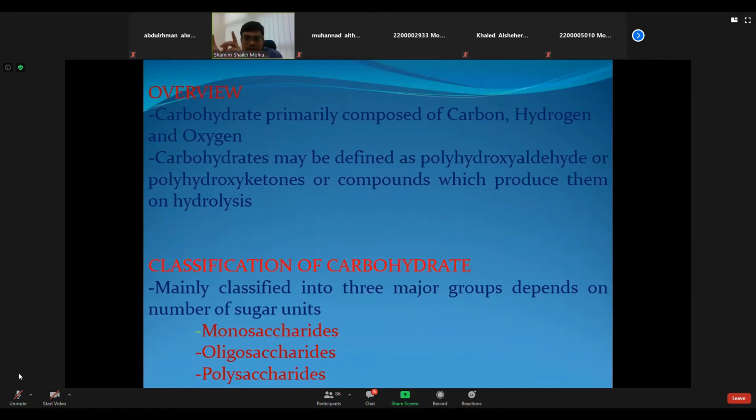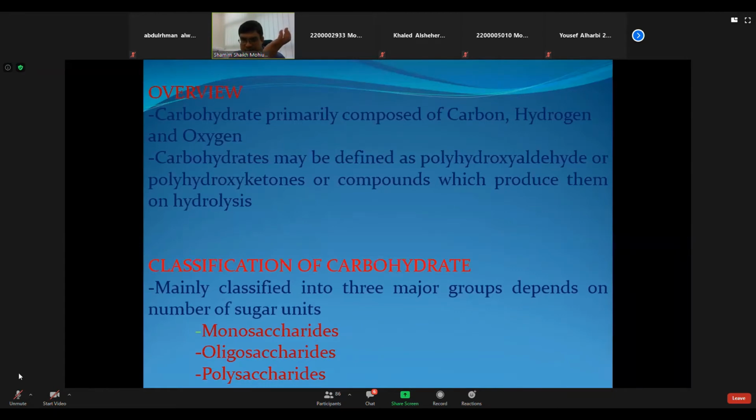Mono means one. So here the carbohydrate contains only one sugar unit, so that is called monosaccharide. Oligo is usually 2 to 10 sugar units. Polysaccharide has multiple sugar units.